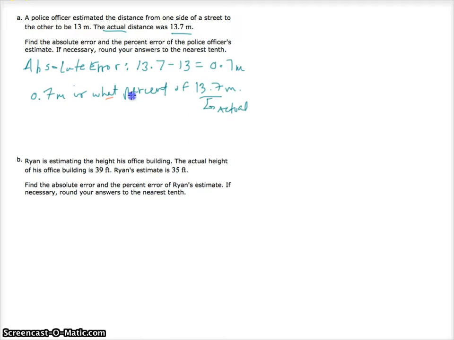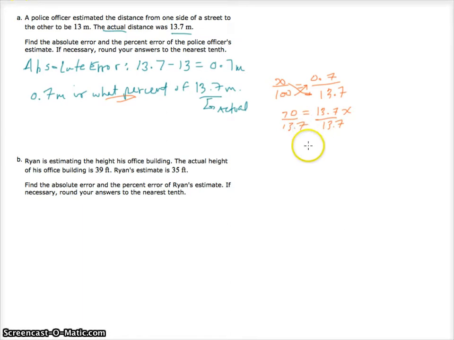So it says what percent, so that's going to be x. So x over 100 equals 0.7 over 13.7. I'm going to cross multiply here. It's going to move this one 2 spaces, so I'm going to get 70 equals 13.7x. Again, here I'm going to divide by 13.7 on both sides, so 70 divided by 13.7.